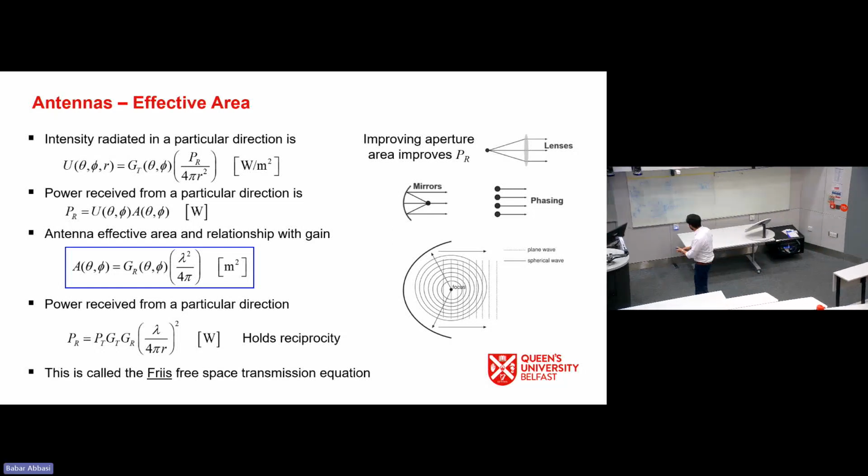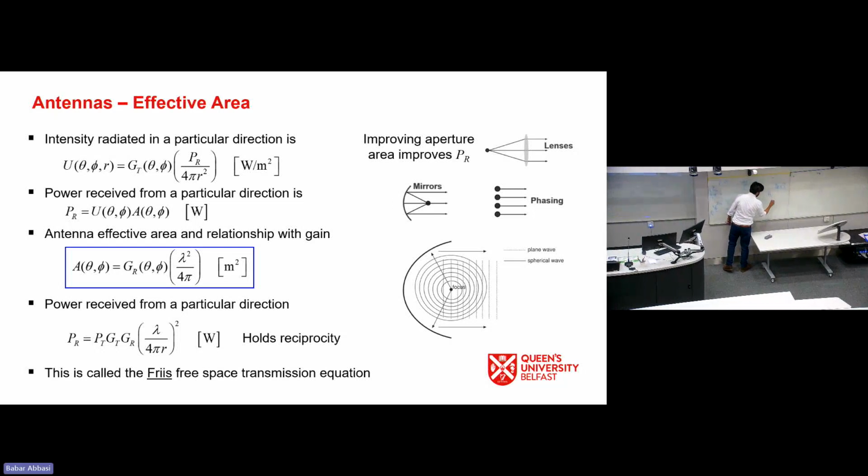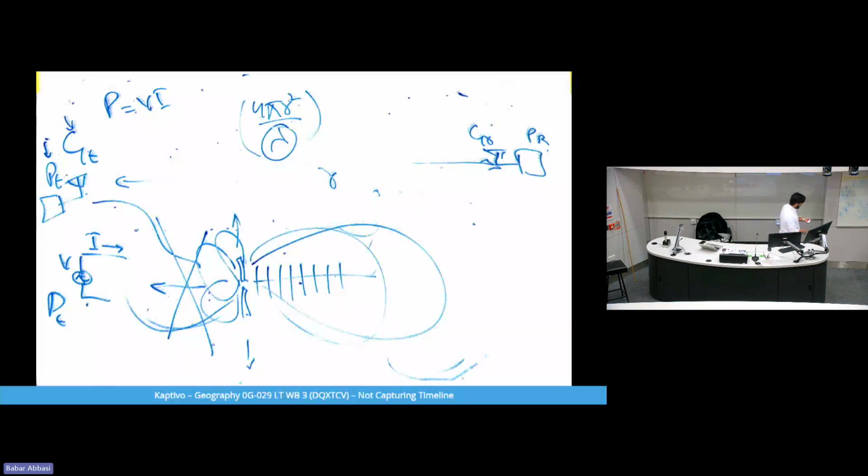And then receive power is important because it will tell me if I can make sense out of the signal that I'm receiving. To understand this PR, let me quickly jump to another concept that is not directly linked with your investigation, but it's useful to know.